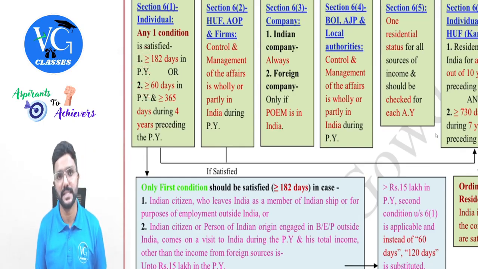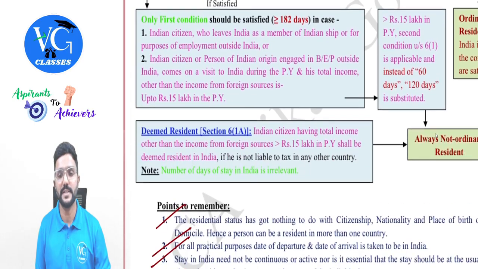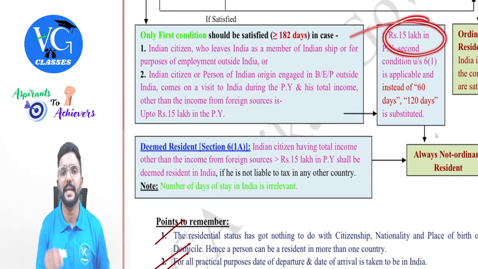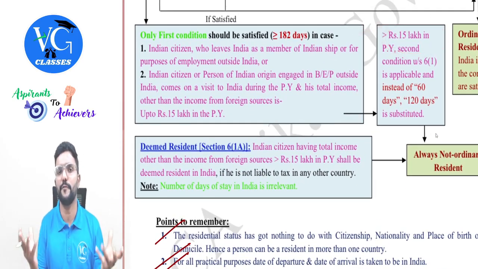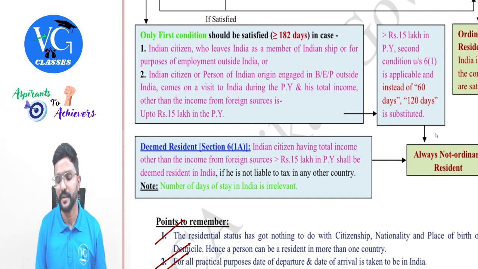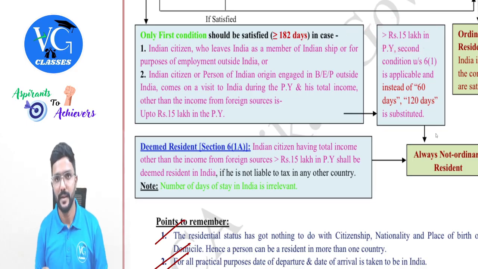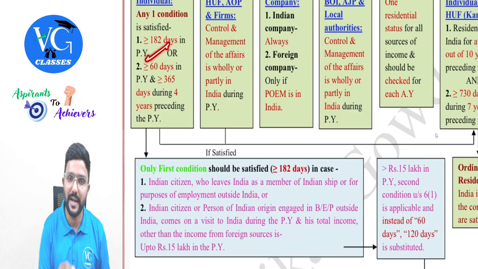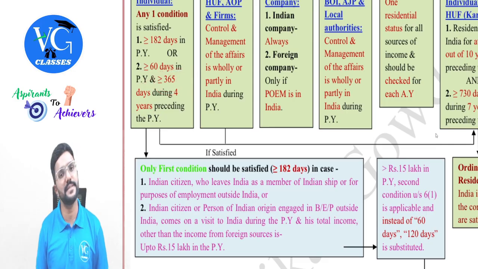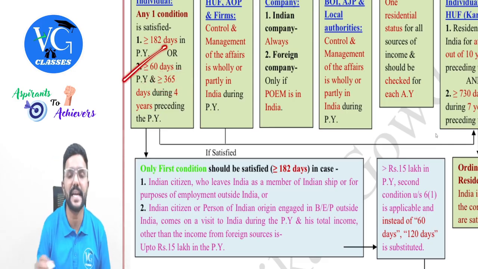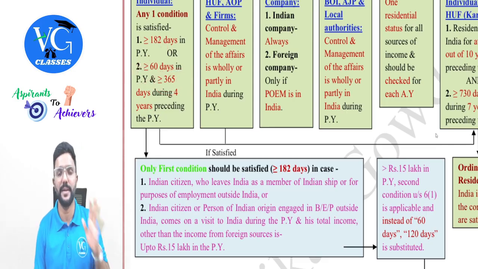Sir, what if his Indian income is more than 15 lakh? Then we need to answer from both points of view because the question is silent about Indian income. If his Indian income is more than 15 lakh, then are 120 days or more satisfied? Yes. And 120 into 4, will it be more than 365 days? Yes. So he has satisfied the second condition given under section 6(1).